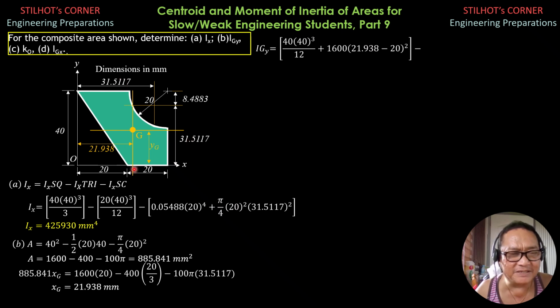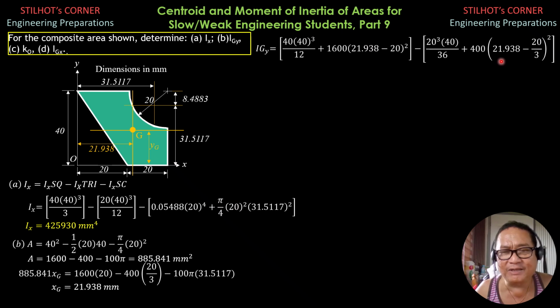Then minus for the triangle, 20 cube times 40 over 36 plus area, which is 400, then quantity 21.938 minus 20 over 3, quantity squared.